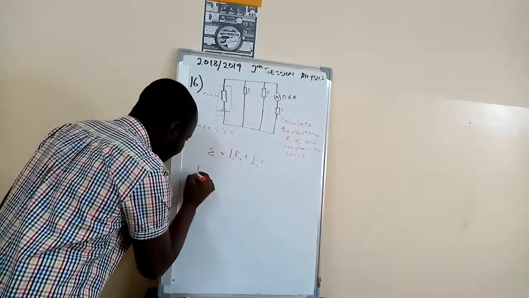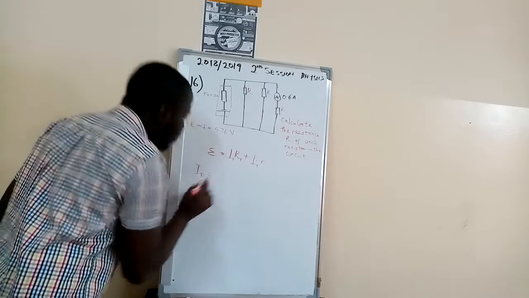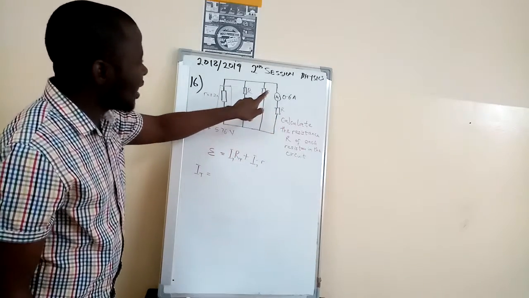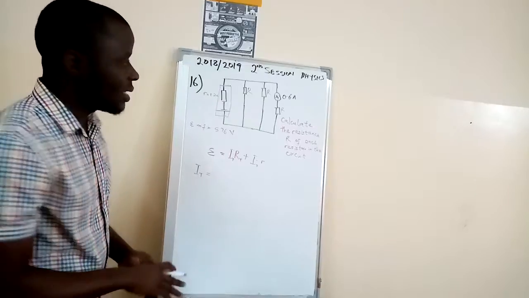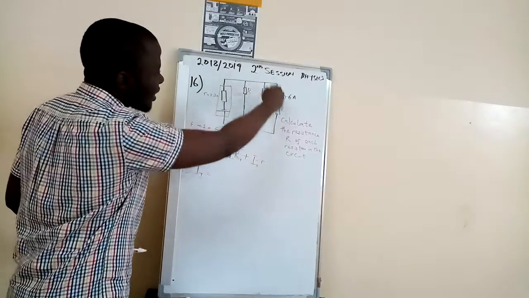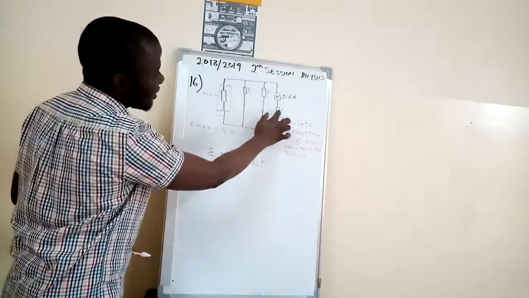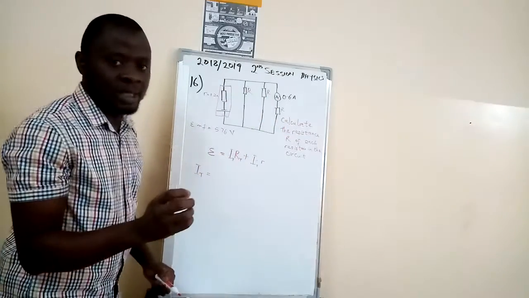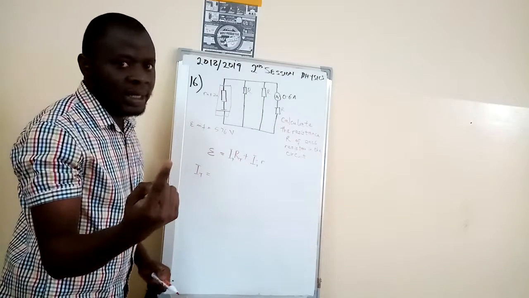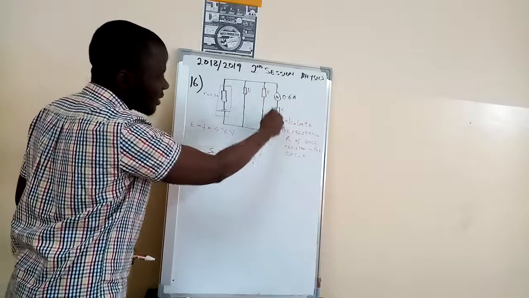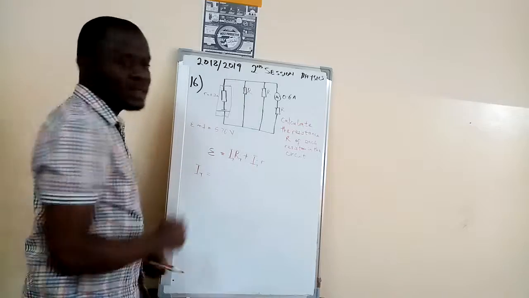My I total will be equal to, now note that since I have R here and this is the same, it means that the current that will flow inside here is also 0.6 ampere because the resistances are all the same, although they are in parallel. Since the resistances are the same, I will have 0.6 here, 0.6 here, and 0.6 here.